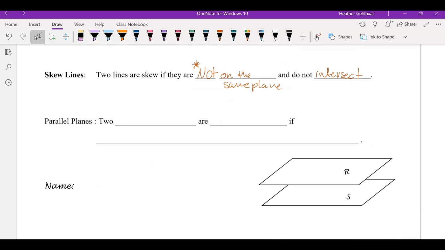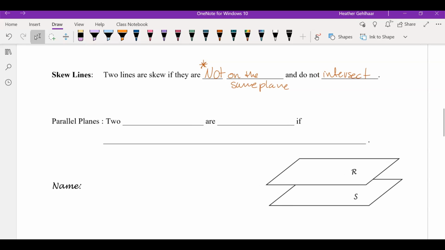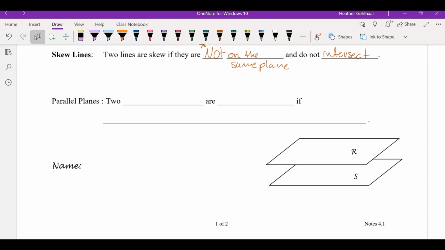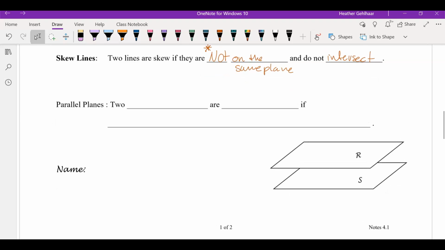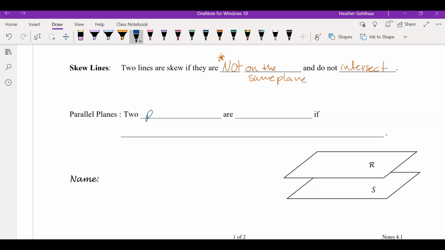Okay, so the next we have here are parallel planes. So two planes here. So we have plane R and plane S down below. So two planes are parallel if they do not intersect.